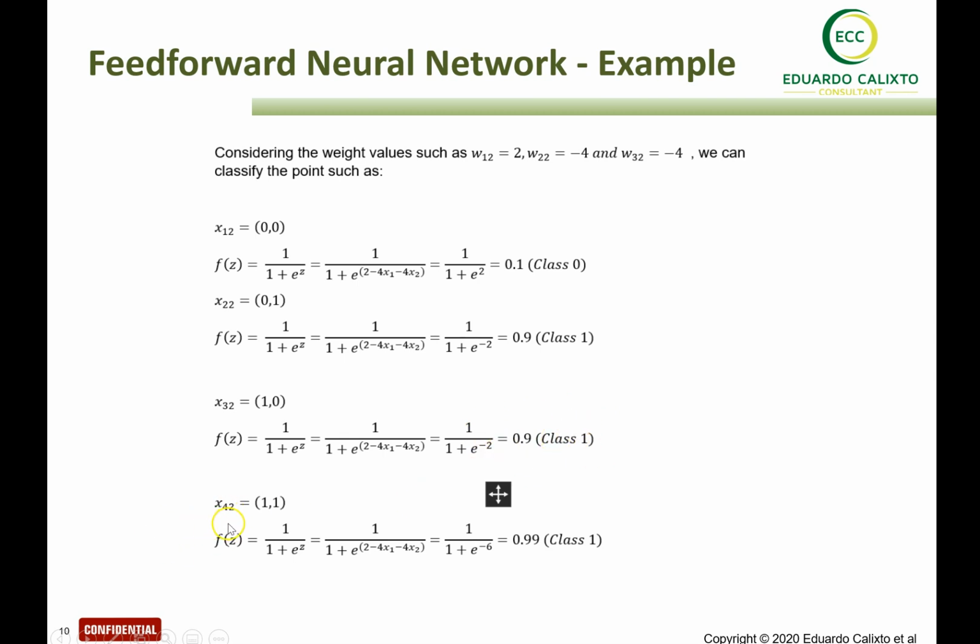And then the last one, 1 and 1. By applying the fx in this equation, we get -6 if we put 1 and 1, and we get 0.99. That's close to 1, class 1. So we have 3 points classified as class 1 and 1 point classified as class 0.